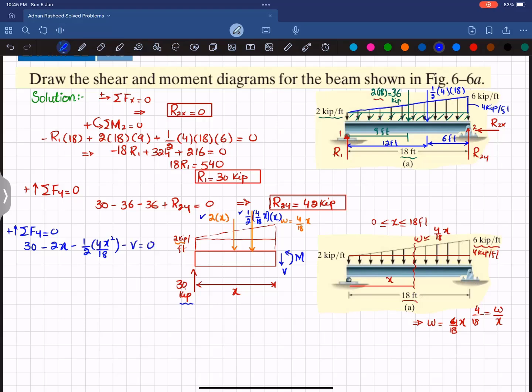As we are interested in finding V, V is equal to 30 minus 2x, and this term 2 will cancel with this 4, so 2x squared over 18 gives x squared over 9. The unit of this equation is kip. This is your equation number 1.